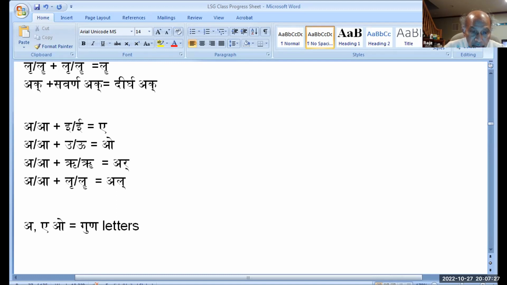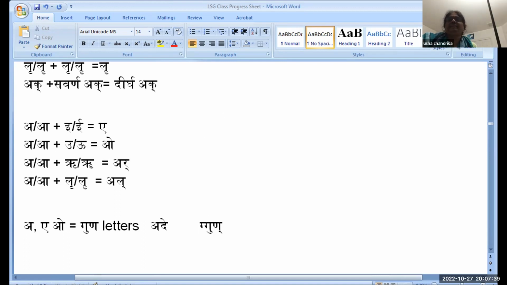And then if you look at this in the Maheshwar Sutrani, it comes Adeng Gunaha. What happened? These are definitions.